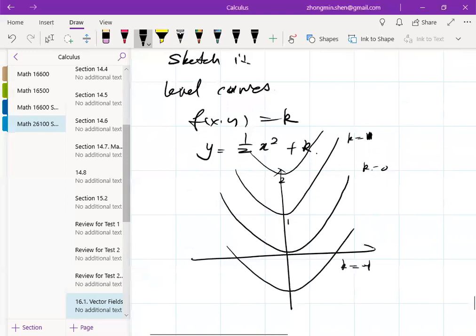When you draw the family of level curves, you have to draw at least three. Then you also have to look at whether the value of k changes the graph.